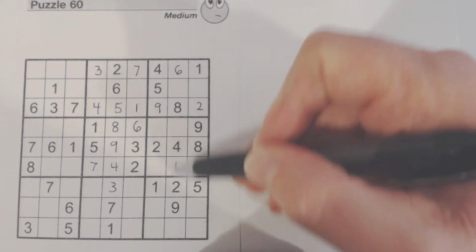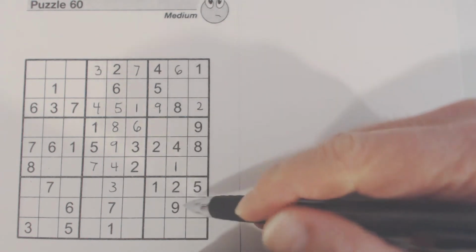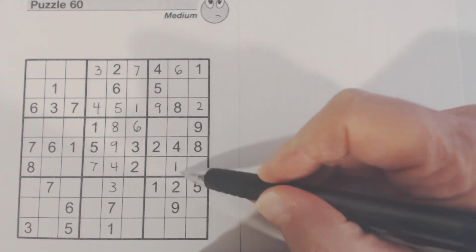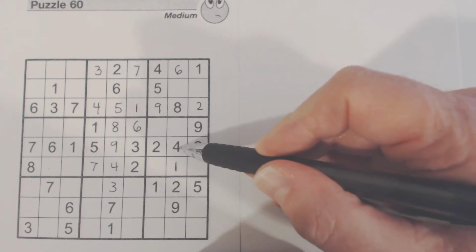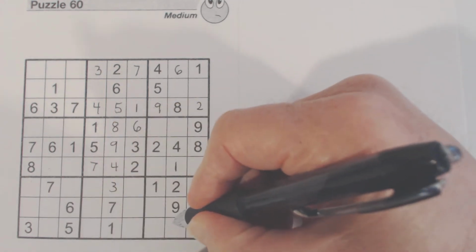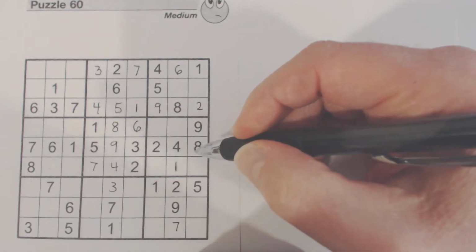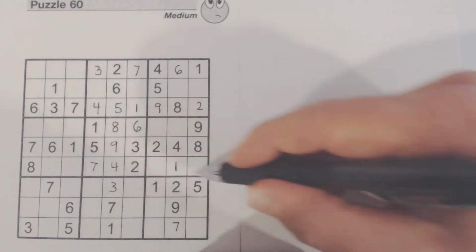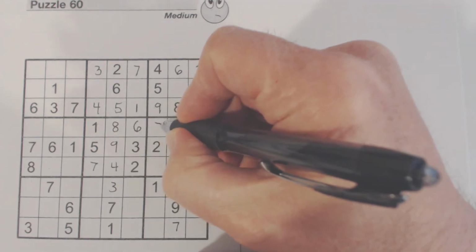Let's look at this column right here. We're pretty close to finishing that one. 1, 2, 3, 5, 7, 3, 5, and 7. There's a 3 and a 5. So we got a 7 there. 7, 7, so that's a 7 right there.